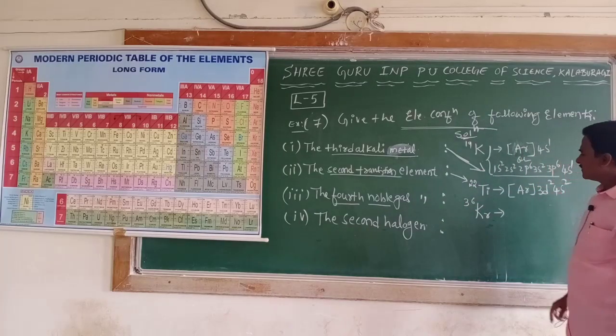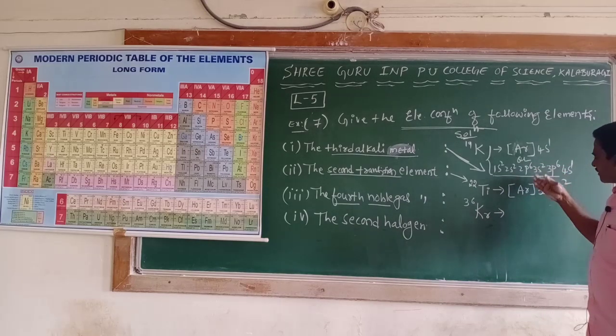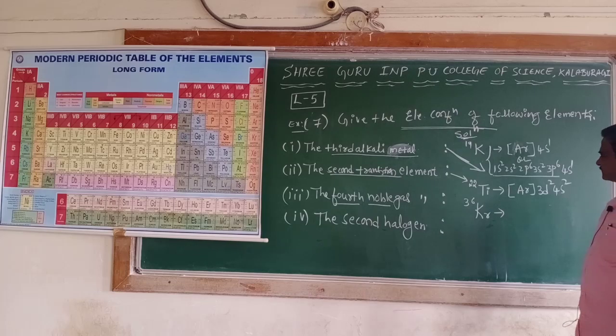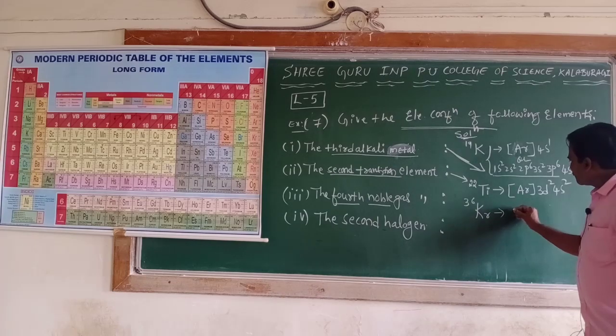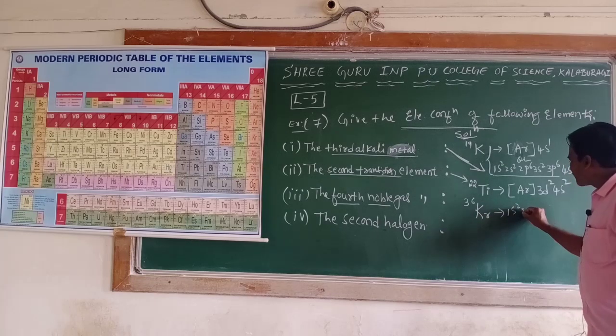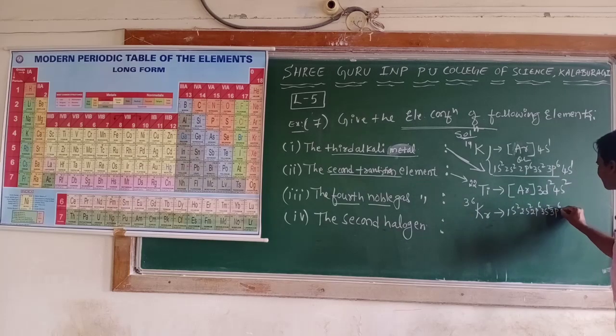You can write the electronic configuration 1s2, 2s2, 2p6, 3s2, 3p6, 3d10, 4s2, 4p6.